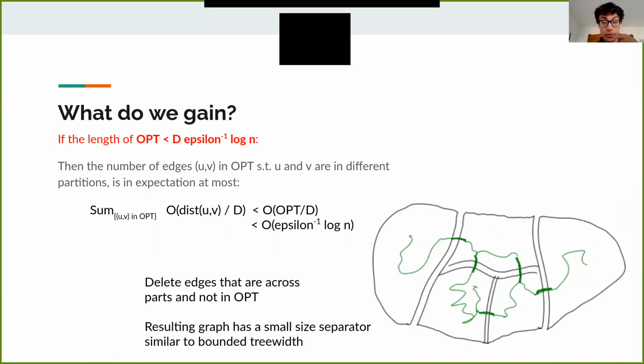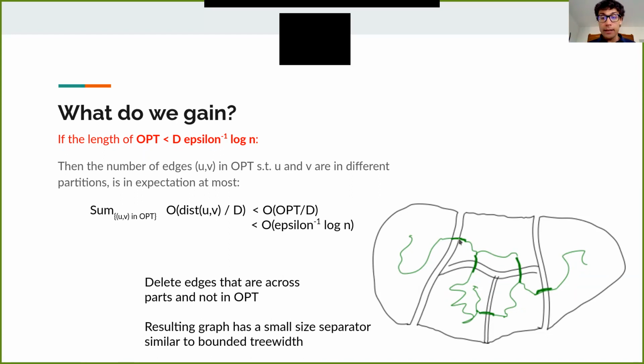So that's good because we can keep these log n over epsilon edges that are in opt and delete the other ones. We don't care about the other ones because they are not in opt anyway. So it's fine to look for a solution in the graph where we delete the edges that are not in opt.